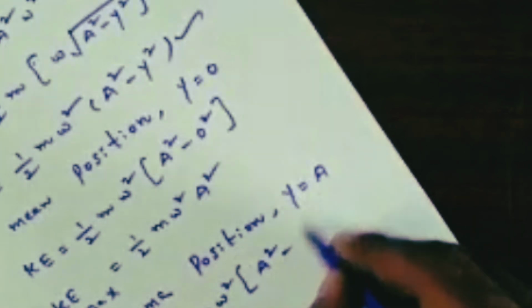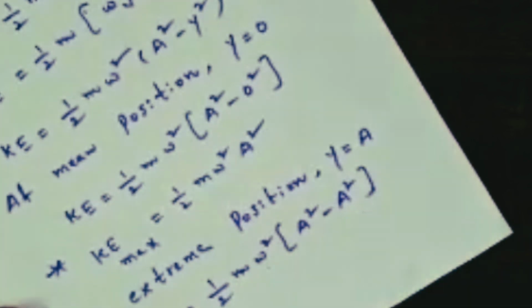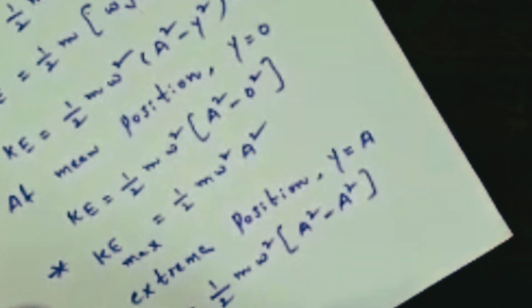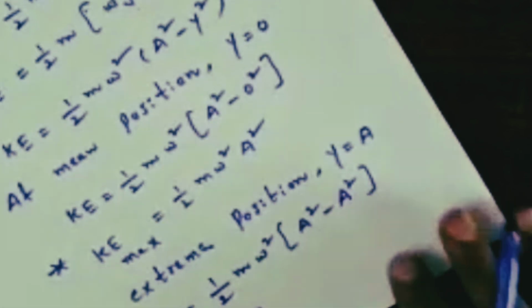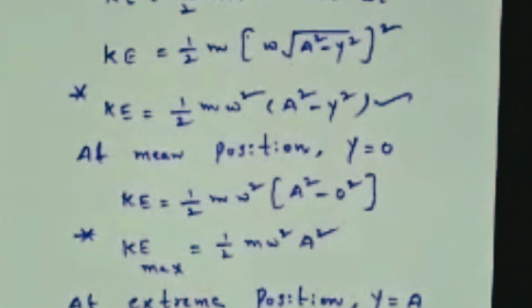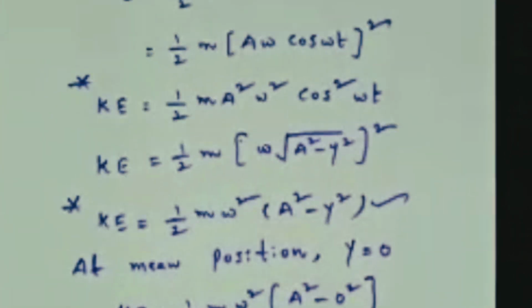In the place of y, substitute a. Then KE, which is called minimum, is a square minus a square, that is 0. 0 into anything is equal to 0. So the kinetic energy is equal to 0. Where the velocity is minimum, there the kinetic energy is also minimum. At extreme position, velocity is minimum, so the kinetic energy is also minimum. At mean position, the velocity is maximum, so the kinetic energy is also maximum.